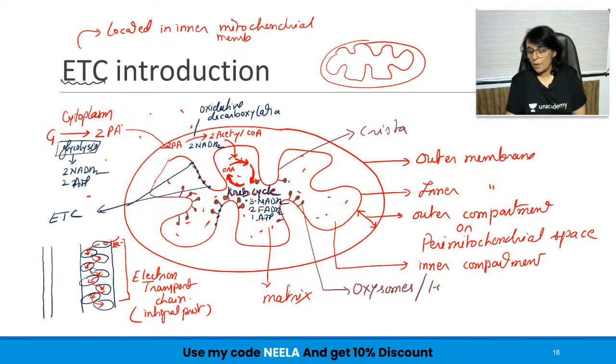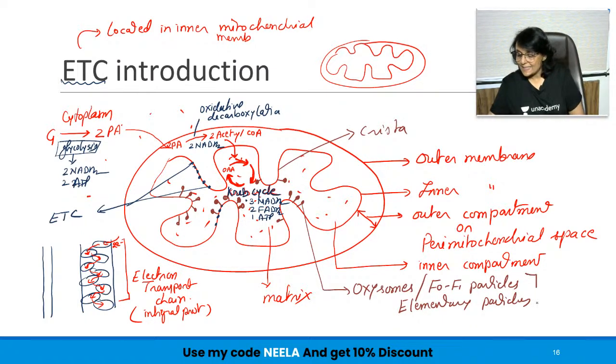Oxysomes or F0, F1 particles, also known as elementary particles, are the site for oxidative phosphorylation.